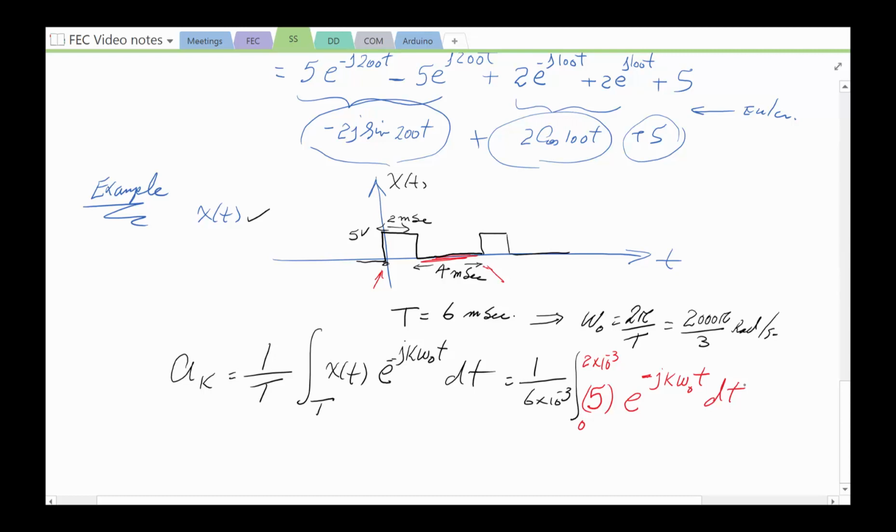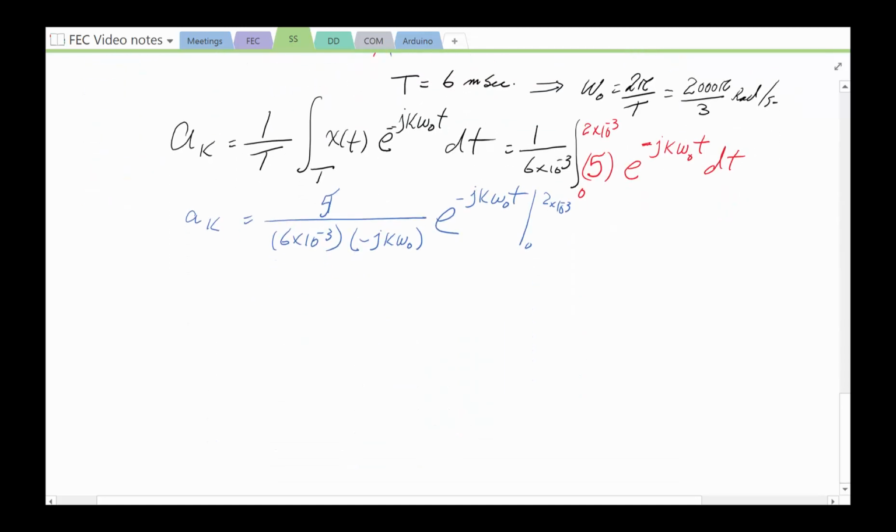At this point, I'm hoping that you can all do the integral. I'll just do the next step. A of k is going to be basically 1 over 6 times 10 to the minus 3. The 5, we're just going to bring out. And then the bottom is going to be minus jk omega 0, and e to the minus jk omega 0 t, and we're going to integrate this from 0 to 2 times 10 to the minus 3.